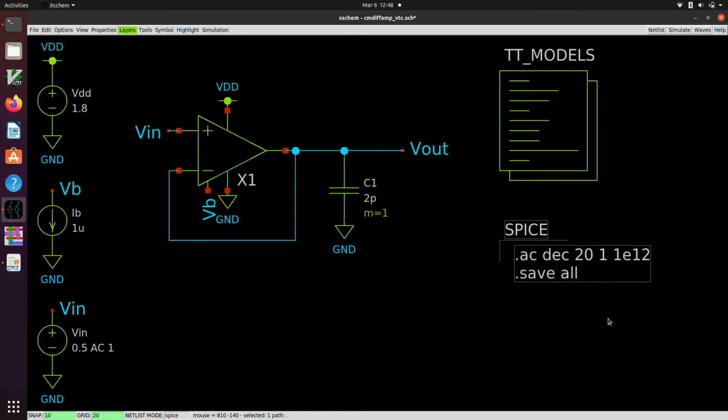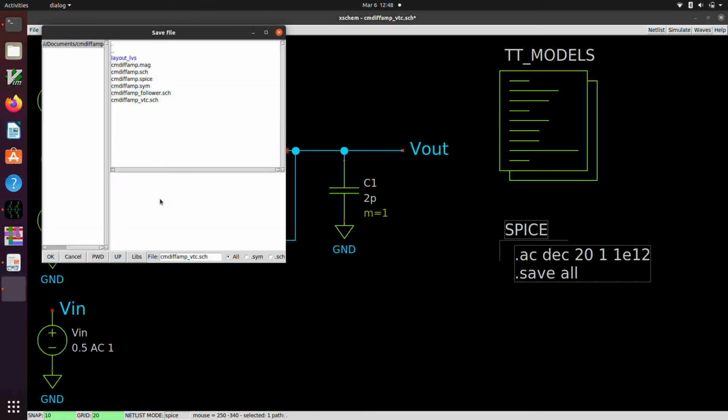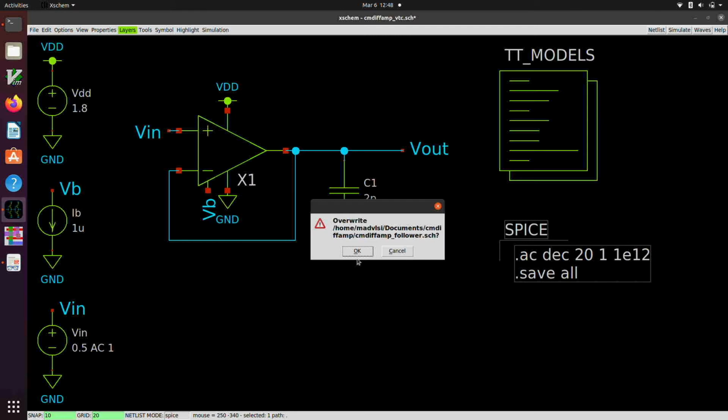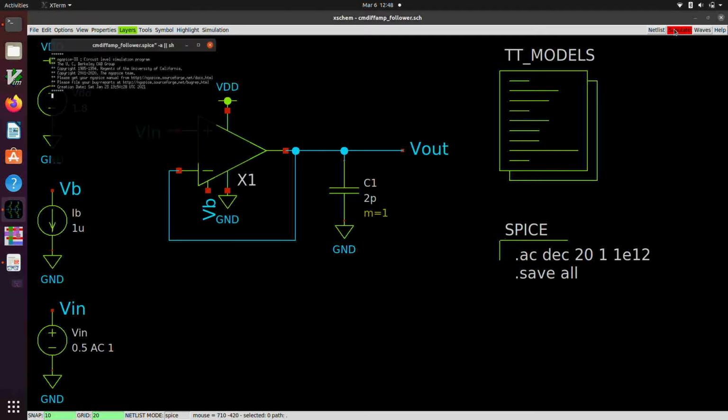Okay, now let us save this as a different name. So let's call this CM diff amp follower. And yes, let's overwrite that. So we will netlist and then simulate.